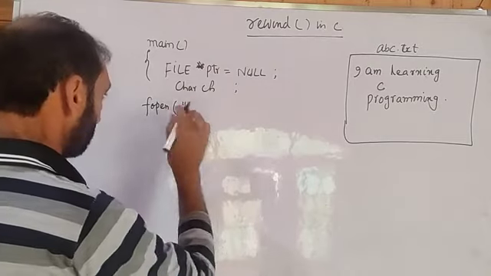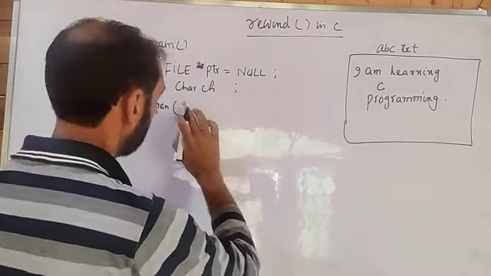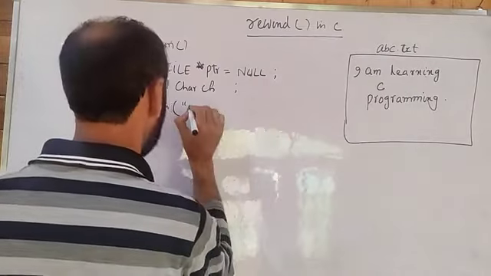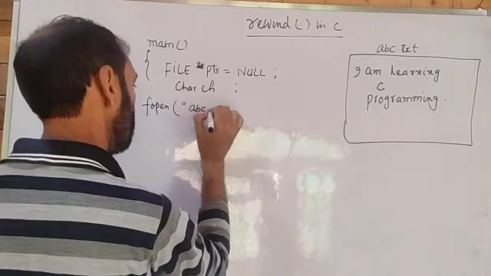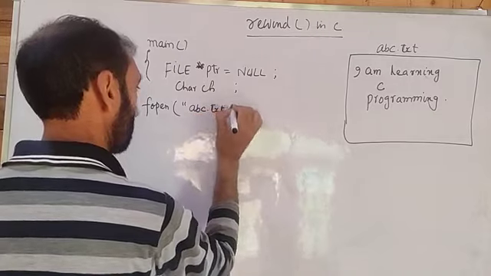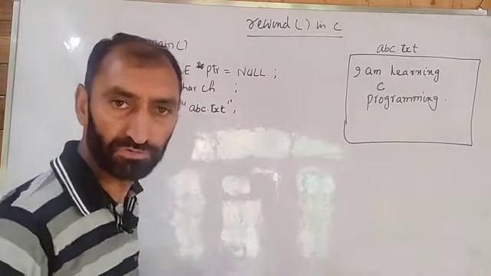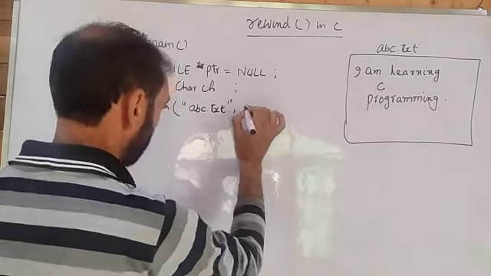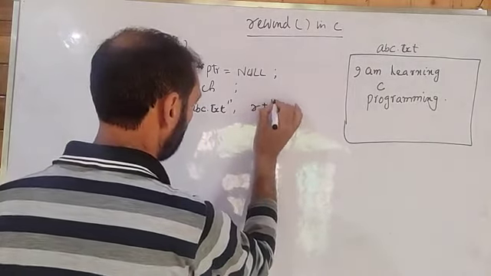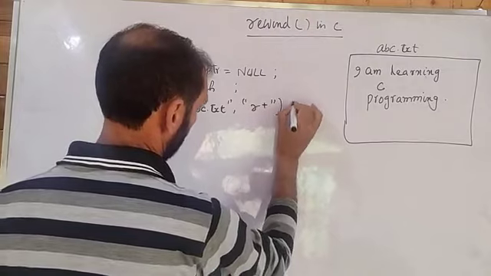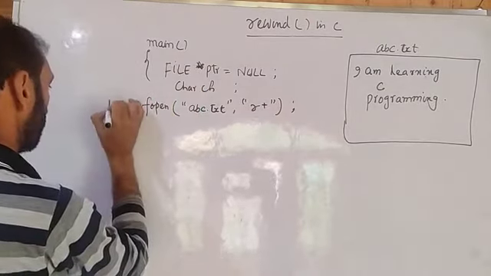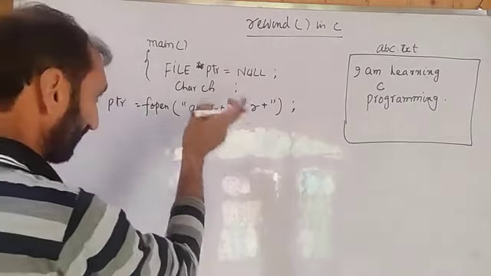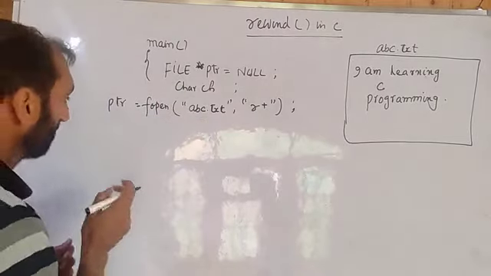First, the name of the file, that is abc.txt, and then the mode in which we want to open it. At present we want to open it in r+ mode. It will return a pointer that will be stored in ptr.